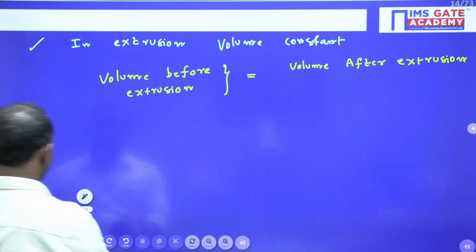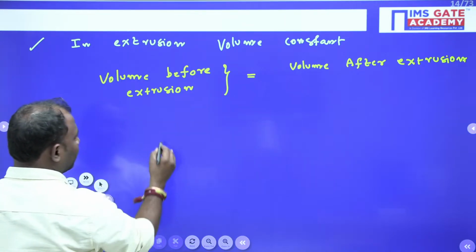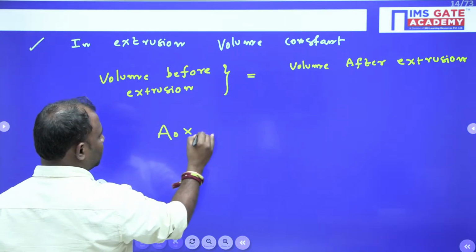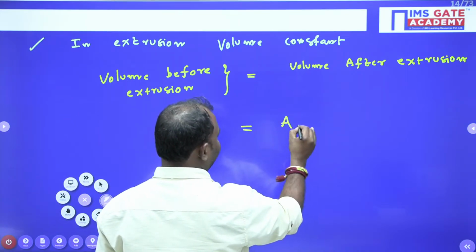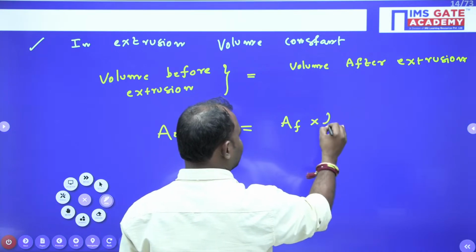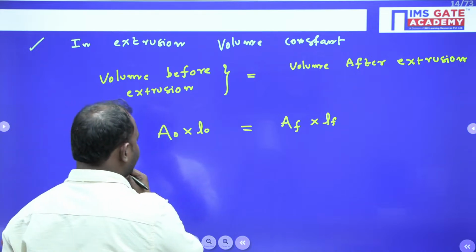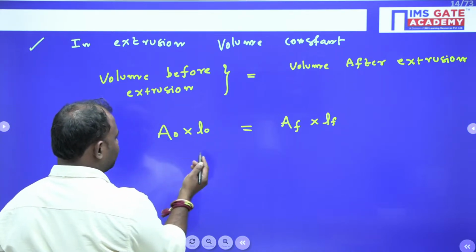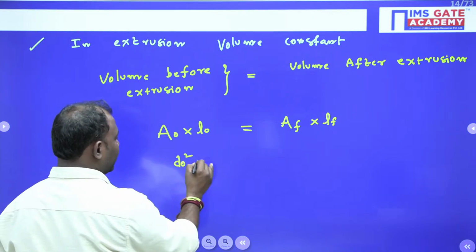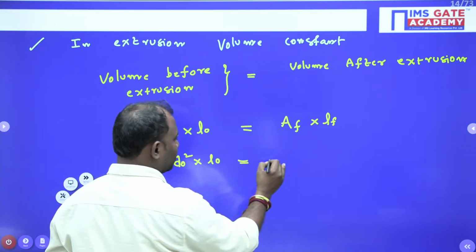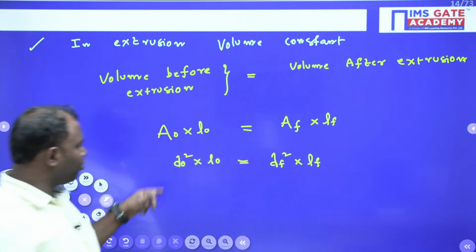Now, how can we write volume before extrusion and volume after extrusion? A naught into L naught is equal to AF into LF, isn't it, guys? Now I'll write this as pi by 4 d naught square. So d naught square into L naught is equal to df square into LF, because pi by 4 will get cancelled on both sides.